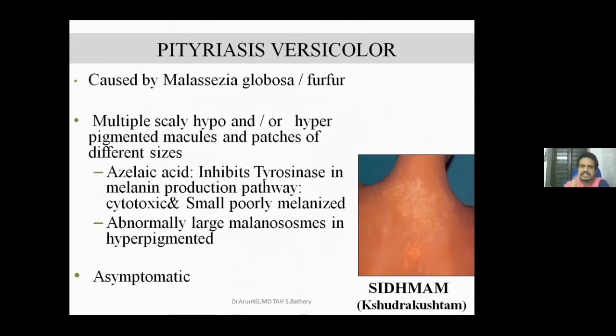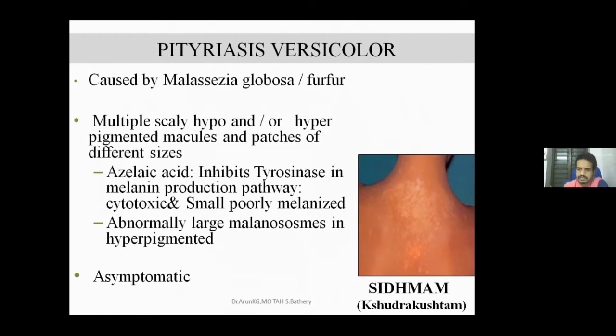This yeast produces azelaic acid, which inhibits the tyrosinase present in the melanin production pathway. As a result, small poorly melanized cells appear, and there will be hypopigmented macules. Whereas in those having hyperpigmented macules, large melanosomes are produced, and as a result the lesion will be blackish.